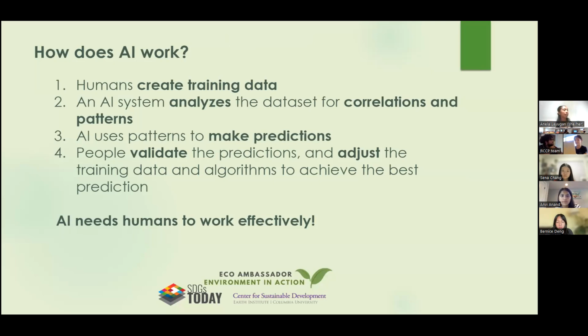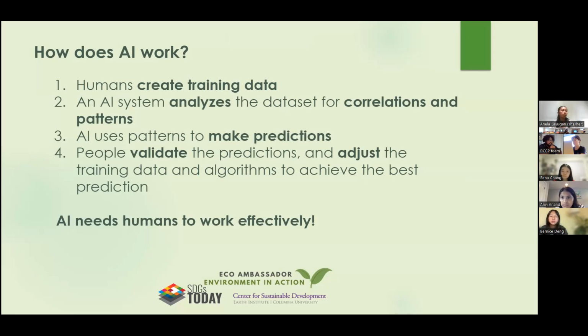Good. Okay, great. So just to reiterate a little bit about how AI works, because it's basically the same whether it's a generative AI, as Tim mentioned, in social media, or if it's in an ArcGIS or regular GIS thing. So how does it actually work? It's really important to know that AI needs humans to work effectively.